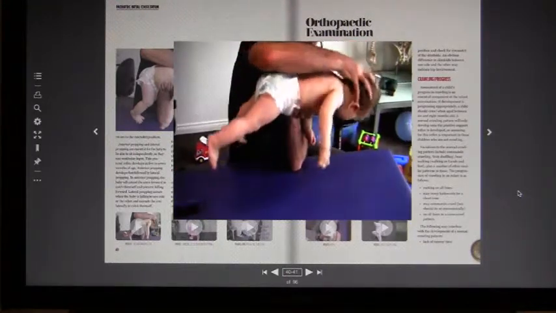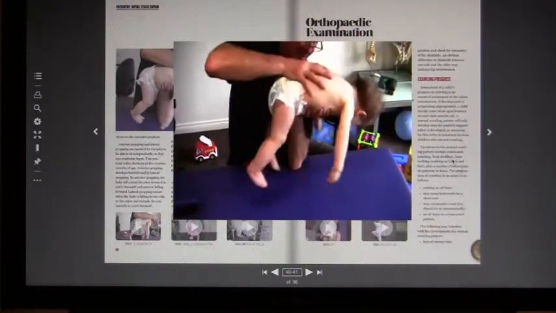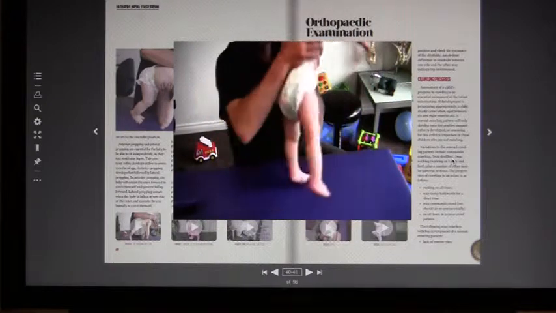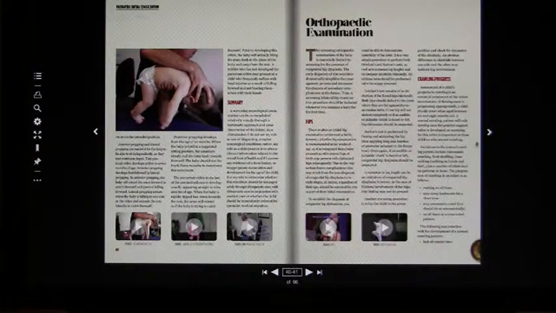Your ability to understand the significance as well as to physically perform these procedures is made so much easier through the visual support of the videos.